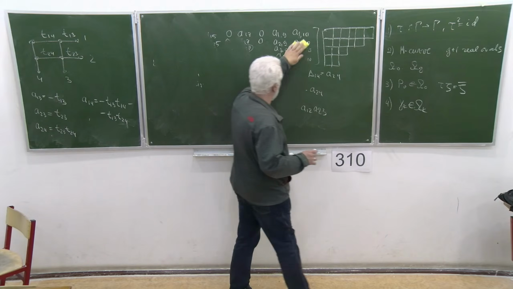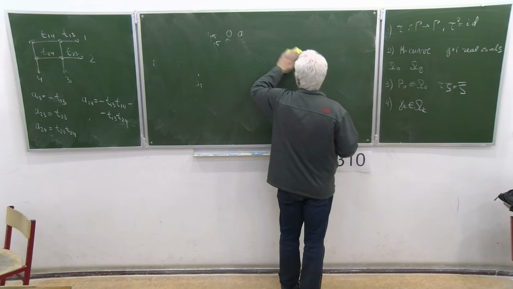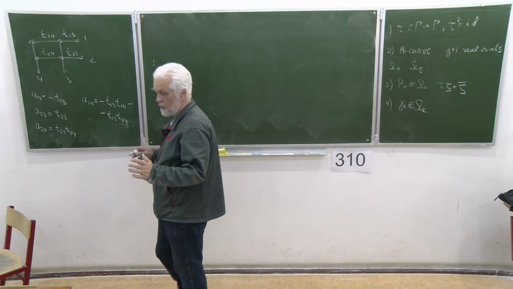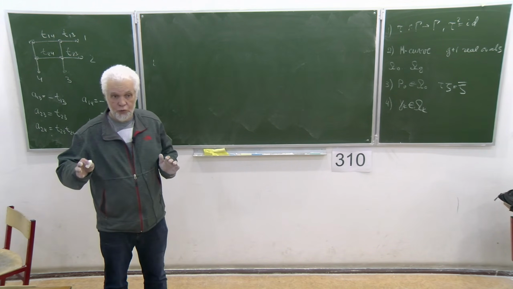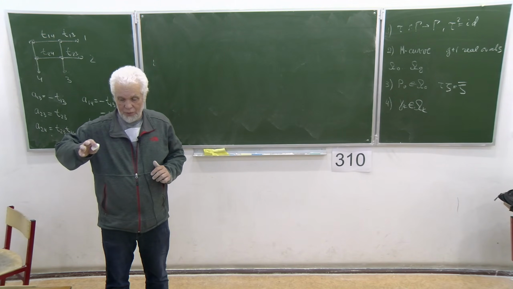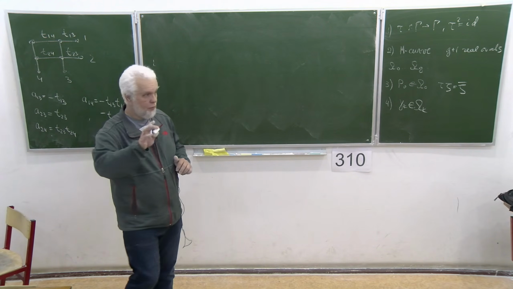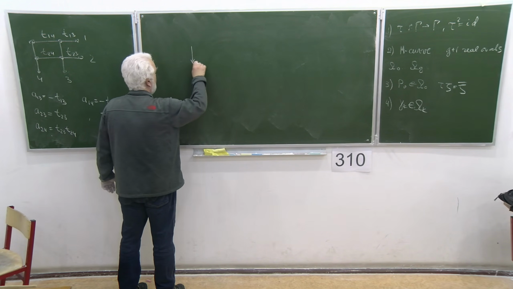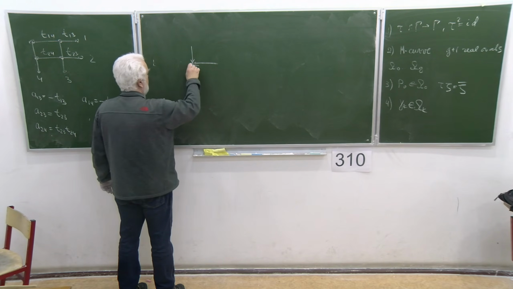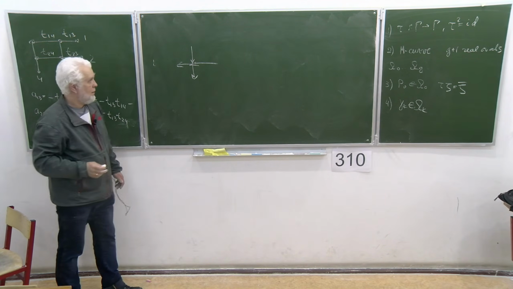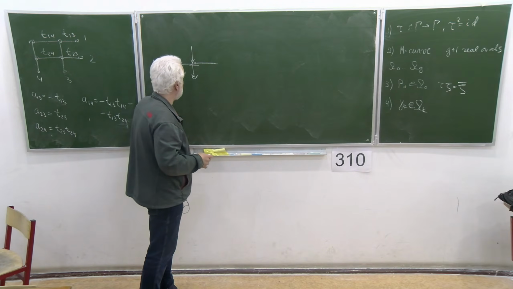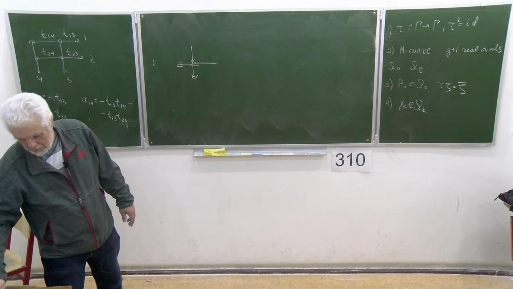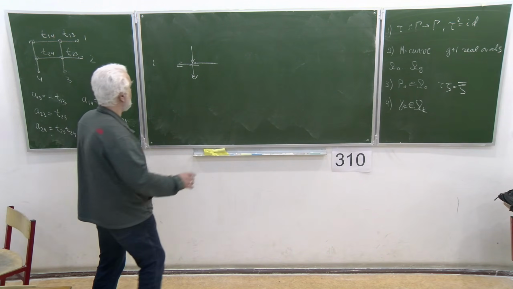The next step was the following. First of all, what is possible to do? It's possible to remove all bivalent vertices. First of all, assume that we have such a configuration. Then we replace the configuration by the following one.